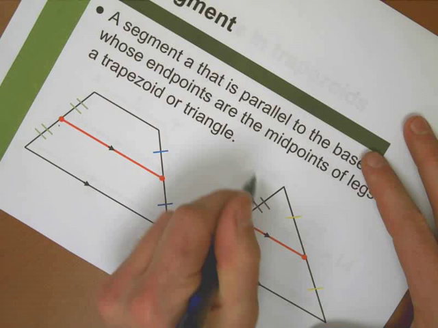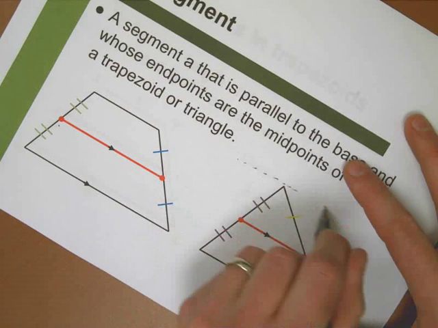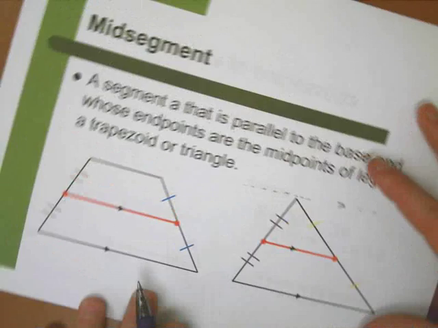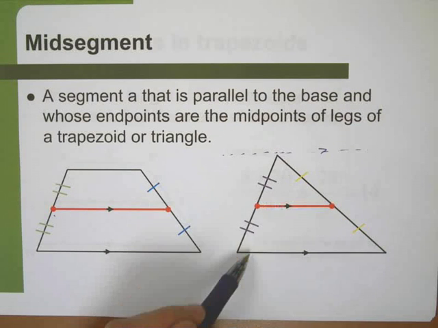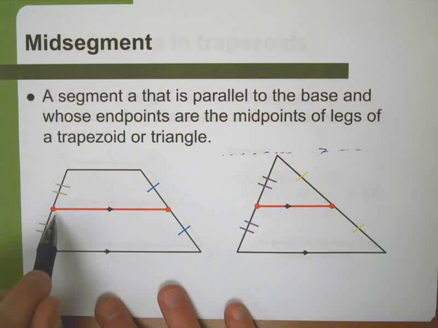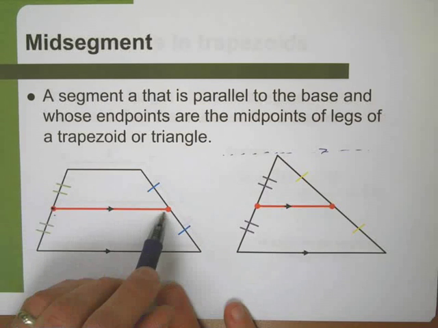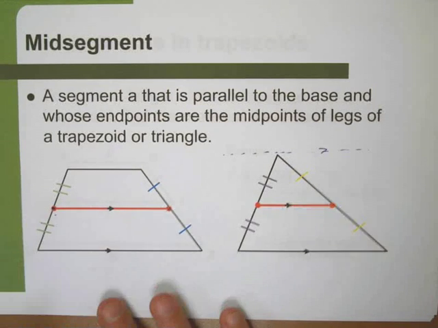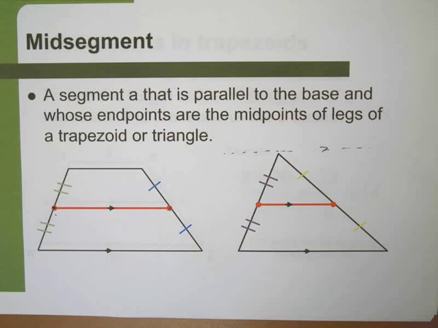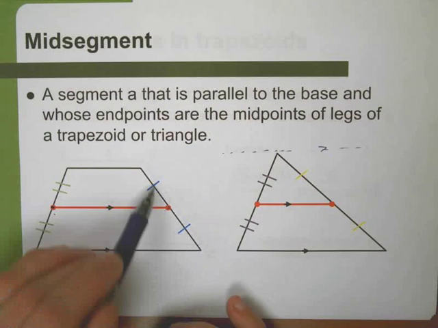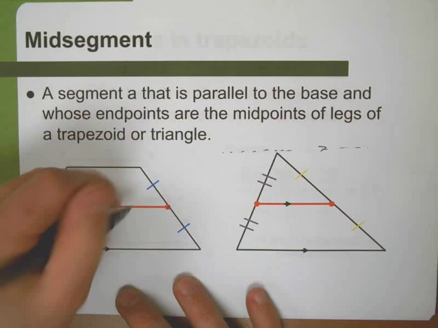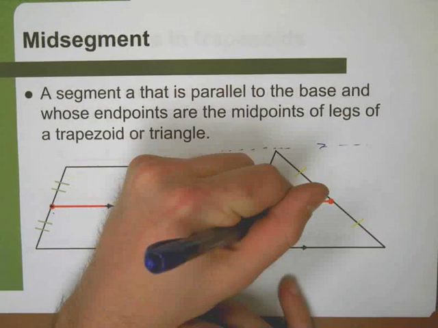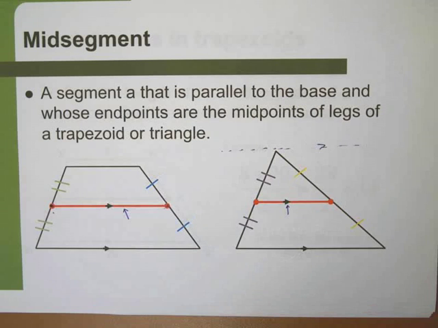In other words, if I drew another line up here that wasn't part of the triangle, but parallel to the bottom one here, if that makes sense. So it's parallel to those bases, and here's the idea, that this point and this point are the midpoints of each of the legs. So it's halfway up the left line and halfway up the right line, and that is called the mid-segment. So the red line is what we're referring to right here, or in a triangle it might be here, okay?